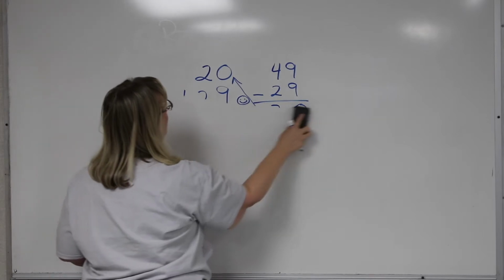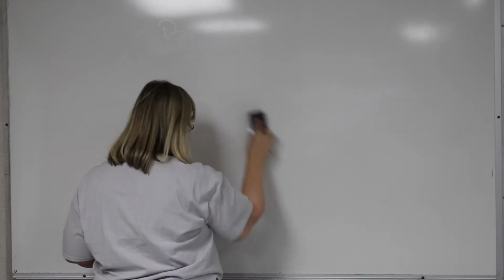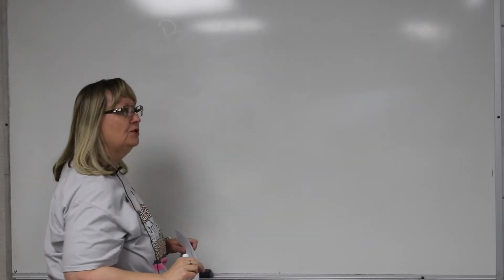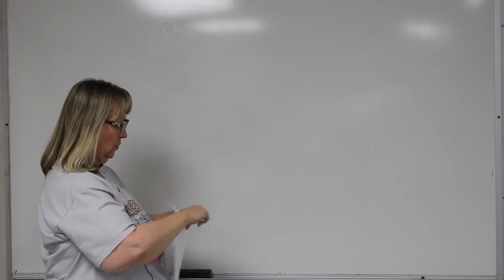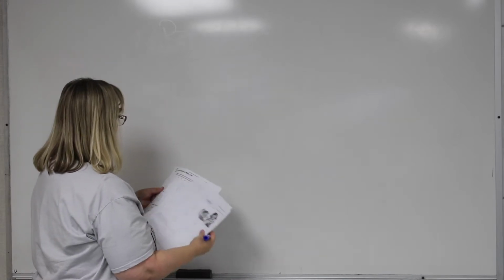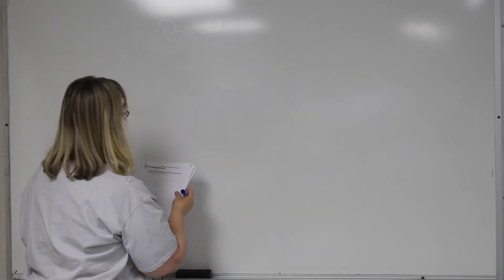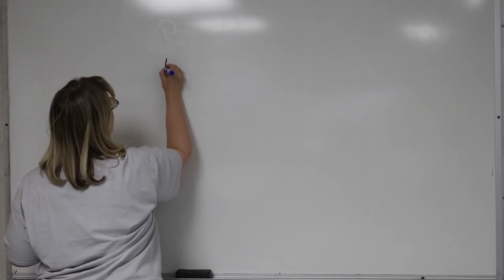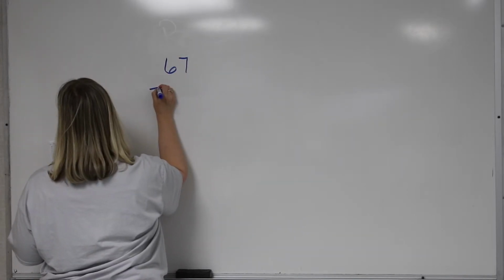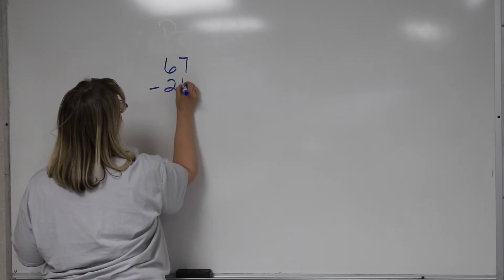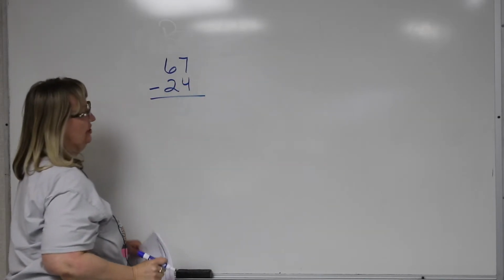All right, I'm going to show you another way that you can do this. And remember, do what works for you, but practice all the different ways. So if I have 67 minus 24, there's another way I could do this.